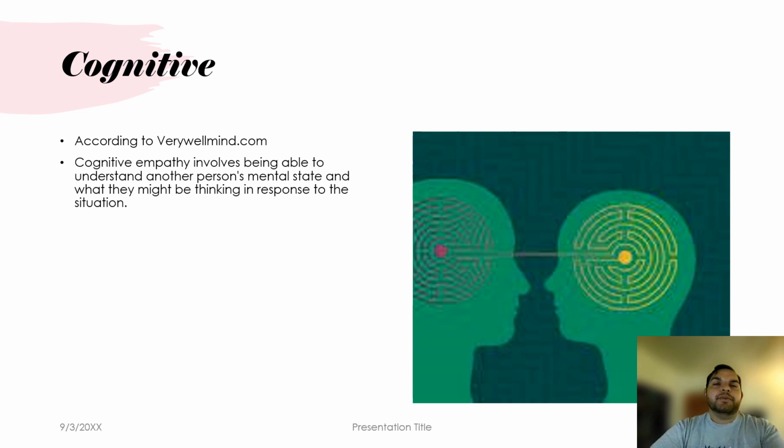Another form of empathy would be cognitive empathy. According to verywellmind.com, cognitive empathy involves being able to understand another person's mental state and what they may be thinking in response to that situation.